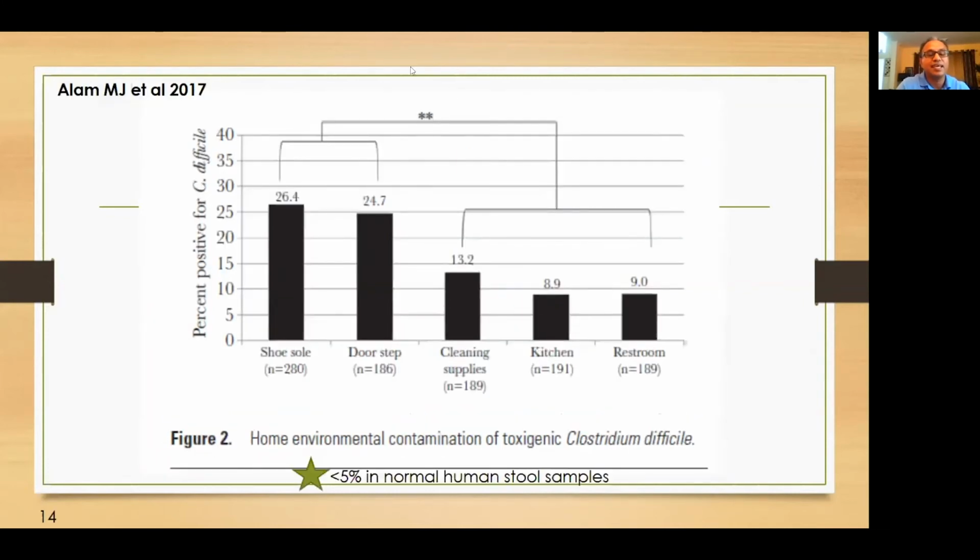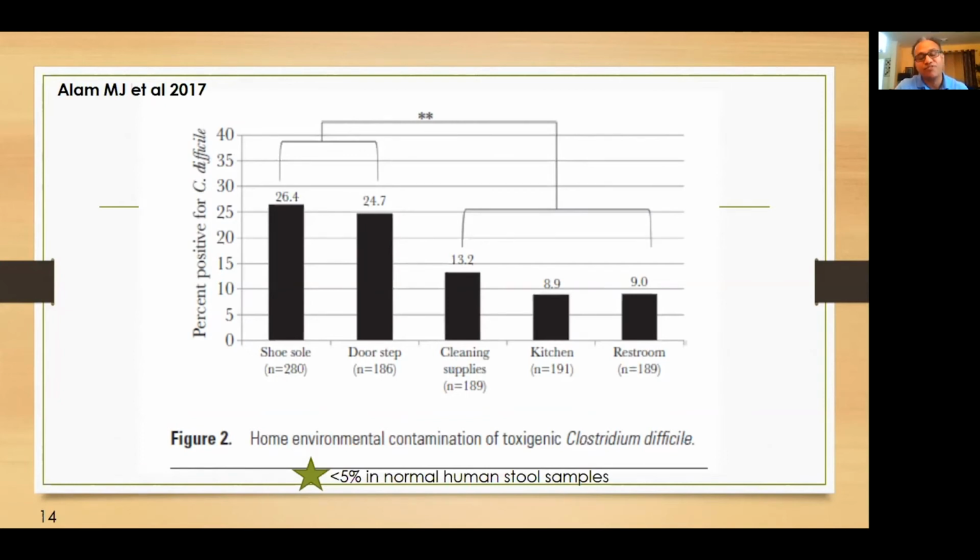And here is another figure showing the distribution of C. difficile in household environment. Again, shoe sole, 26.4%, doorstep, 24.7%, cleaning supplies, 13%, kitchen and restroom, 9%. So overall, again, we have found C. difficile spores everywhere in the house environment.